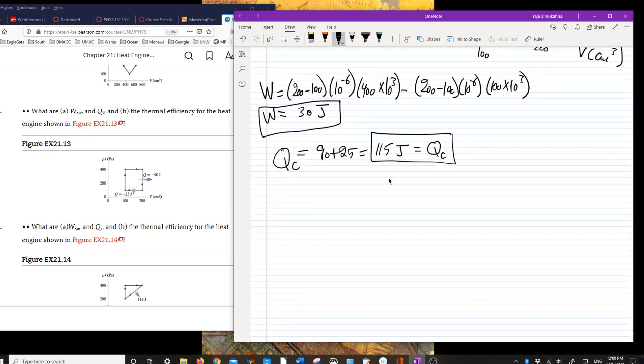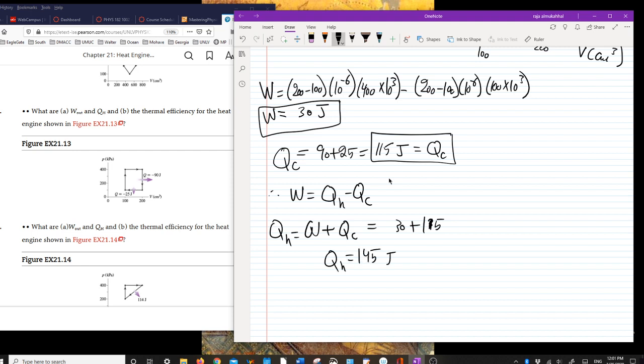And therefore, since work is Q hot minus QC, so Q hot is W plus QC, and that gives me 30 plus 115, excuse me. And that gives me Q hot is equal to 145.